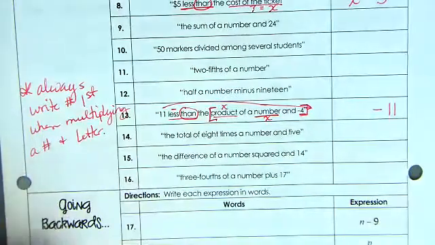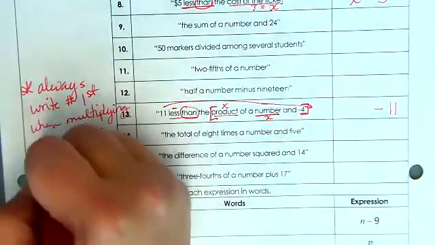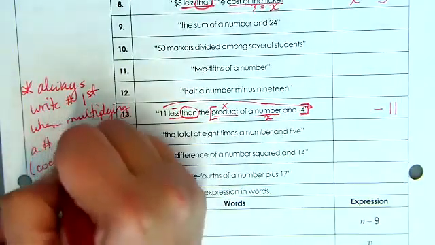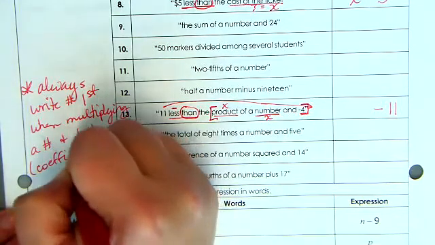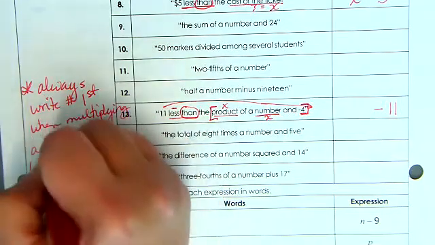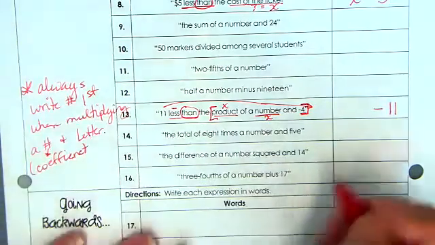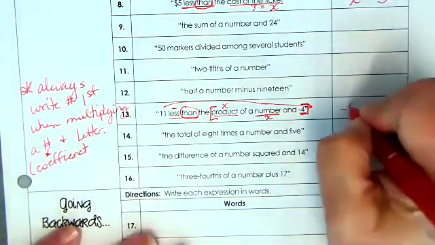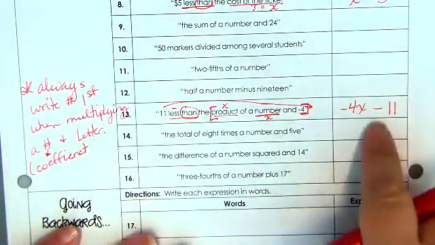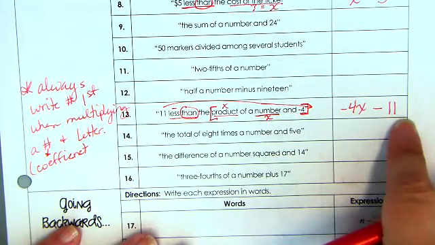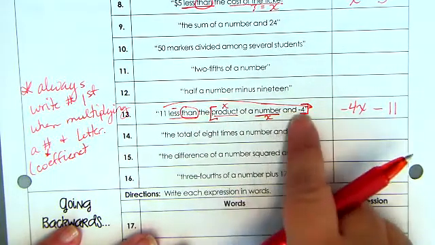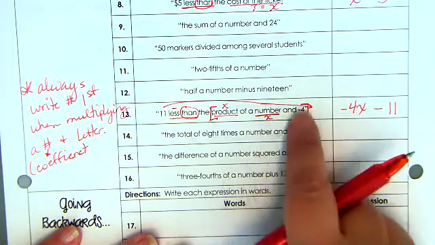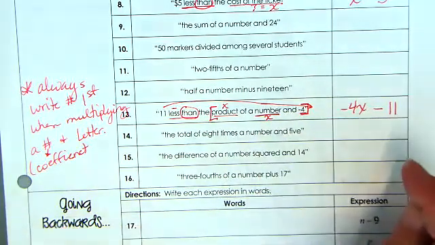And that is called the coefficient. I don't know that I'm spelling that correctly. Okay, so this is going to be -4x minus 11. Because this product right here is -4 times x. And we always write the number in front of the letter.